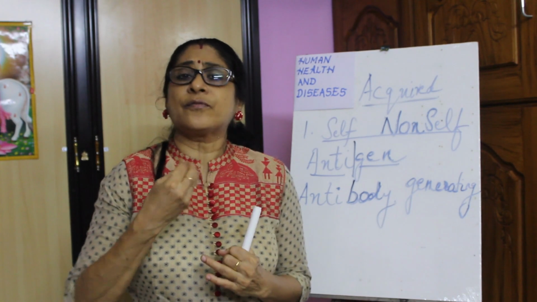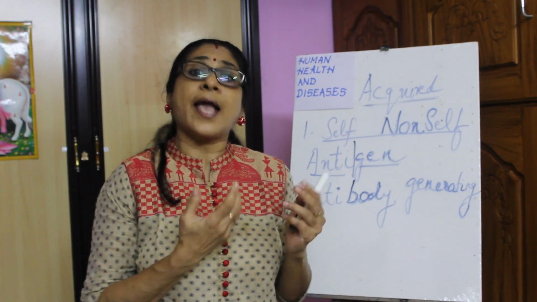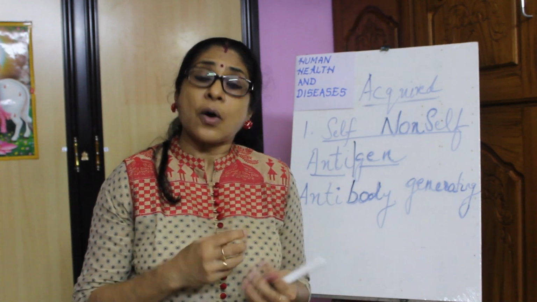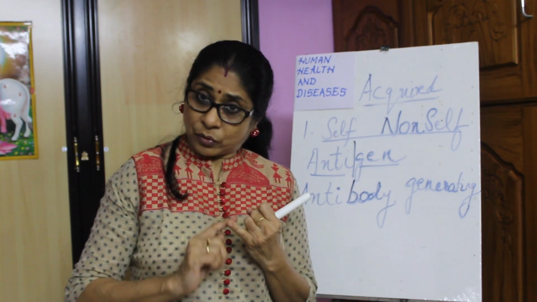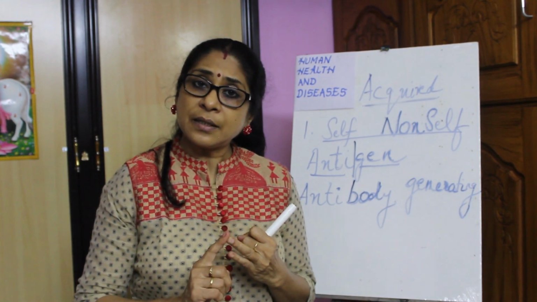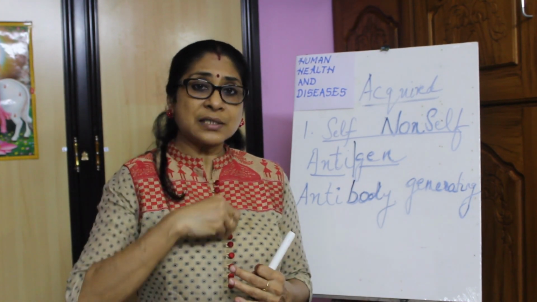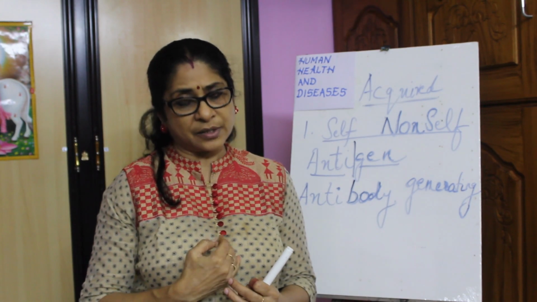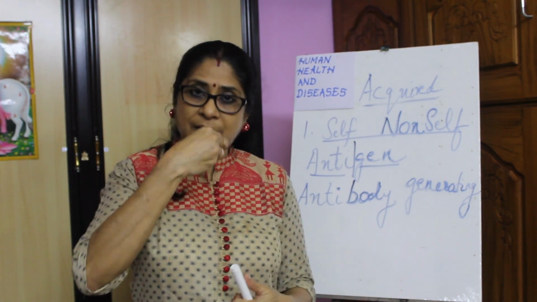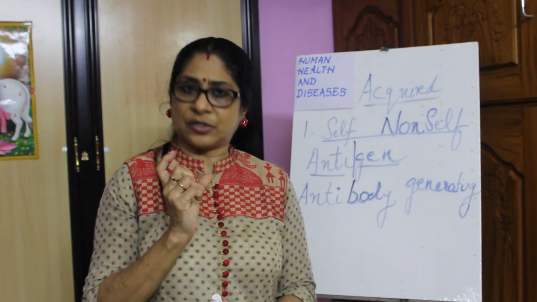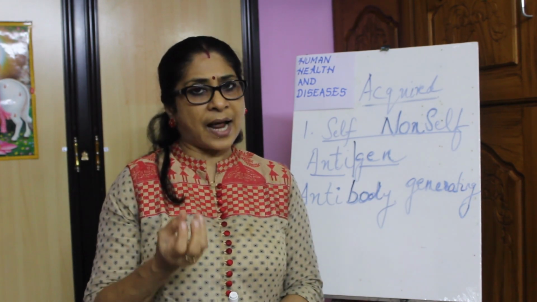These antigens or non-self substances can range from pathogens to some food materials. For example, some of you are allergic to say egg white or to prawns or to peanuts. So that is also an antigen. So pathogens, food material, blood which is transfused from another person, or it could be a drug. A chemical that we take as a medicine is known as a drug. A drug functions as an antigen.